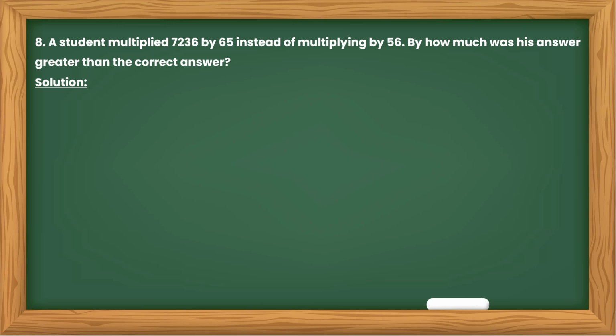But what he had done is, instead of multiplying it by 56, he had multiplied it by 65. So naturally the answer would be wrong, right? So what is the difference in the correct answer and the wrong answer which he has got? That is the question. So difference between 65 and 56, we'll have to find it out.